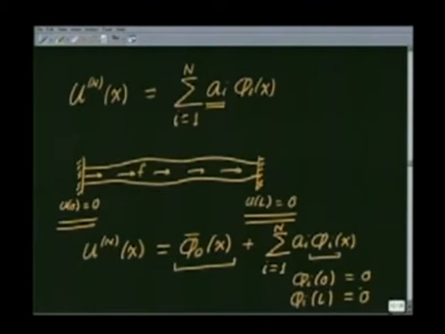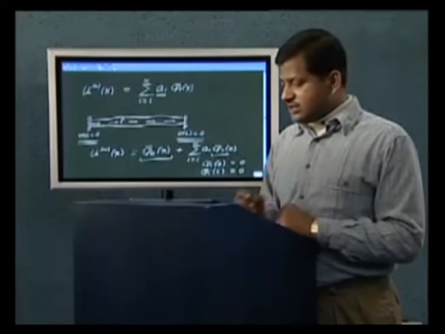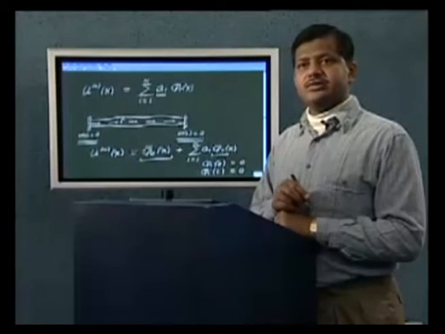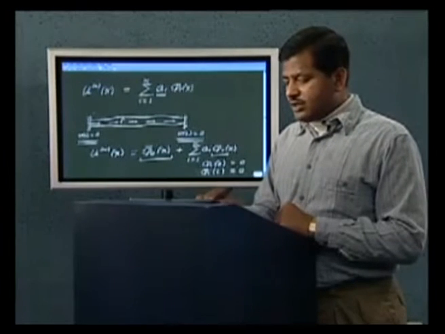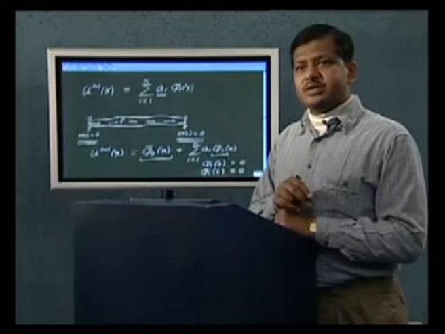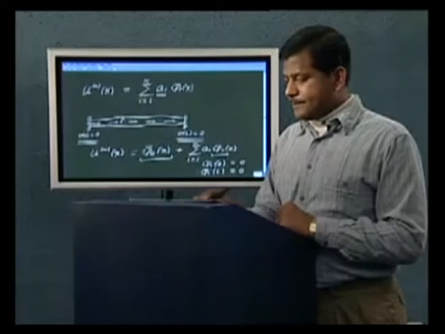So we are going to choose the phi i's in such a way that they satisfy the 0 condition at both ends, while the phi 0 bar takes care of the displacement condition at the two ends.